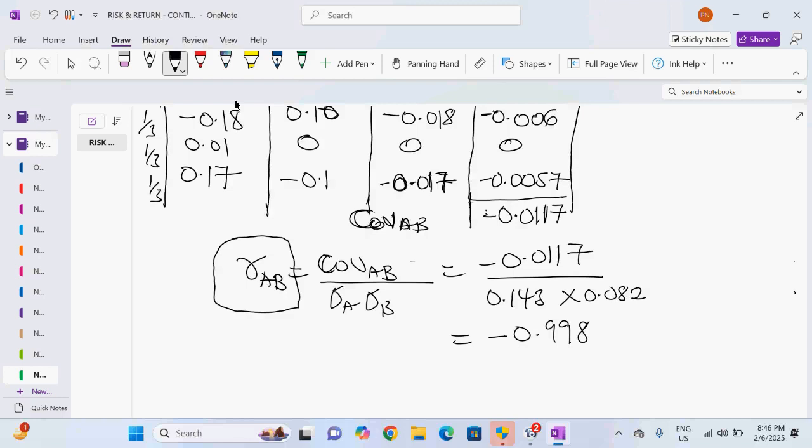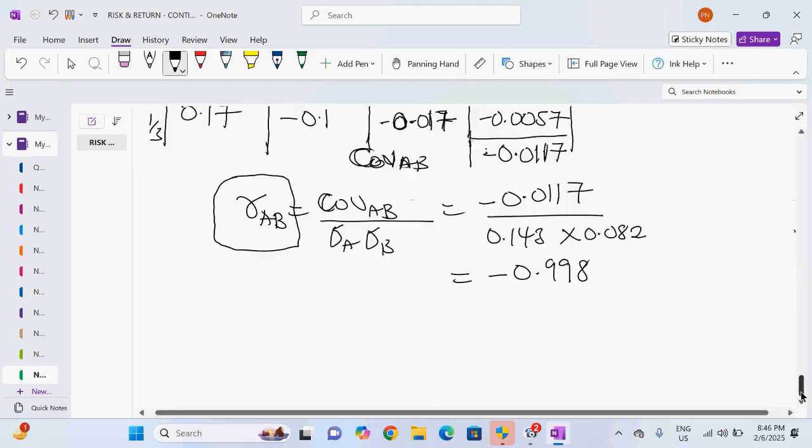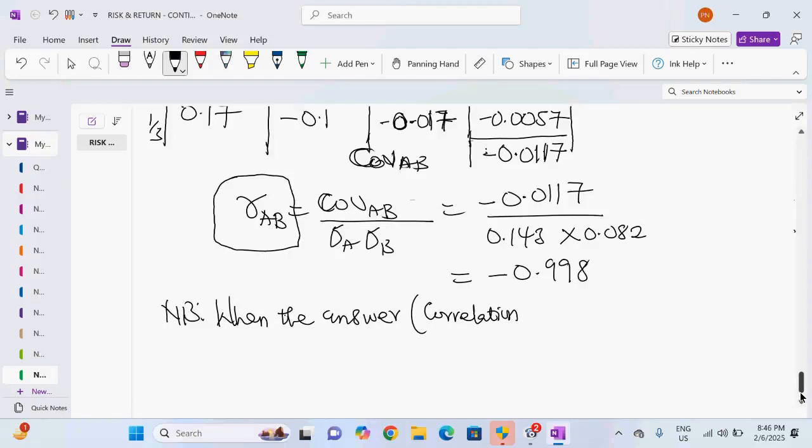As an investor, you choose, let me even write it in the note. So note what I'm saying, so that when you are revising, the answer into bracket, correlation coefficient.